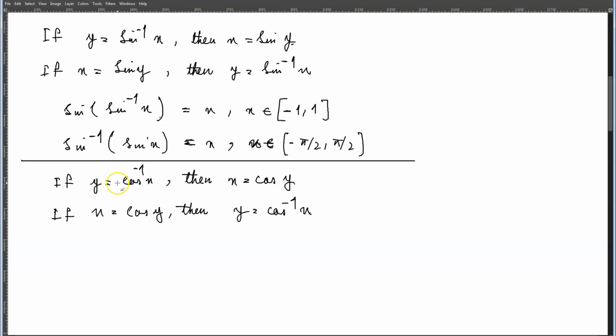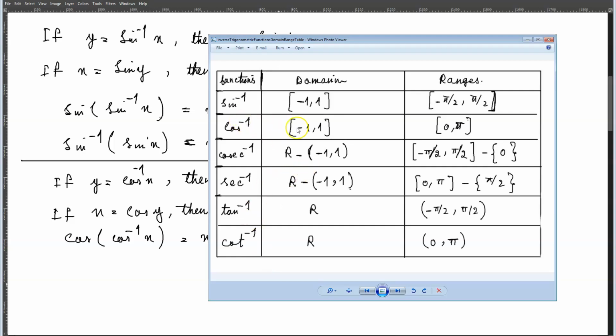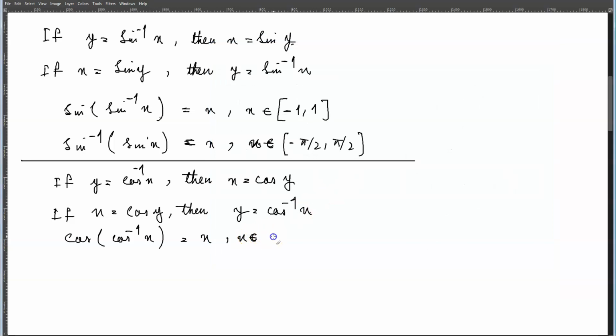And again over here, I can write the cos of the cos inverse of x is equal to x for all x belonging to the domain of the cos inverse function, which is the closed interval [-1, 1].